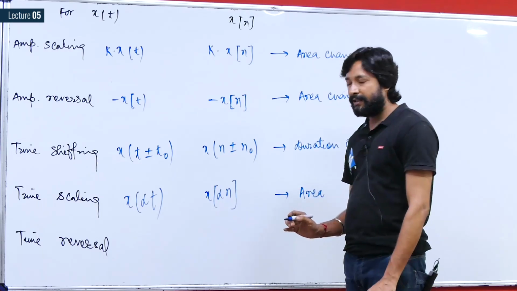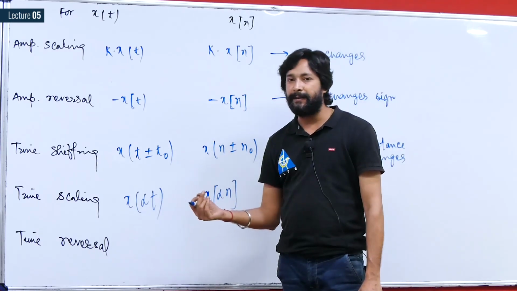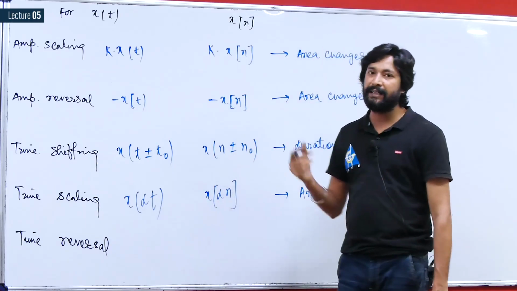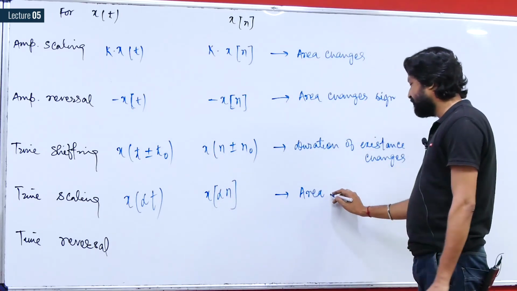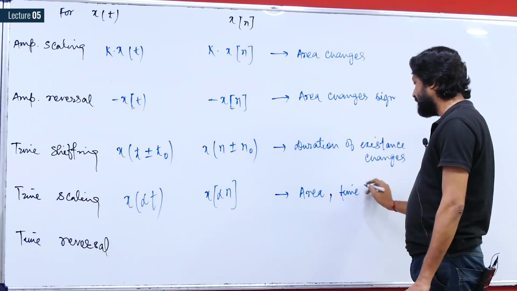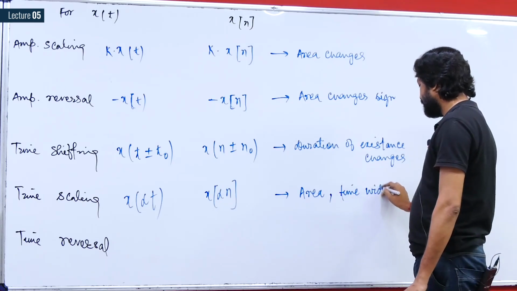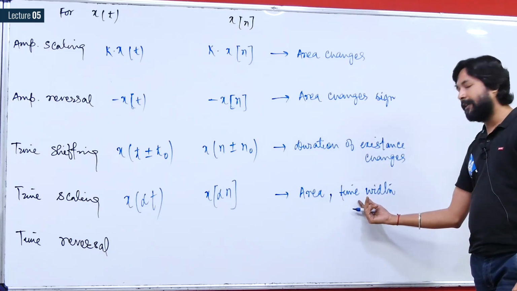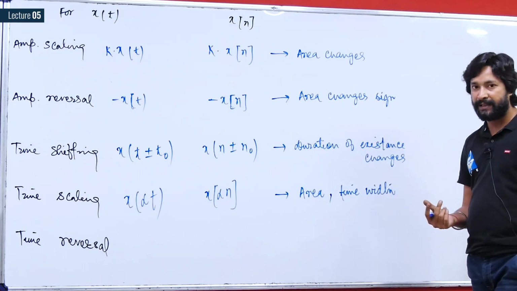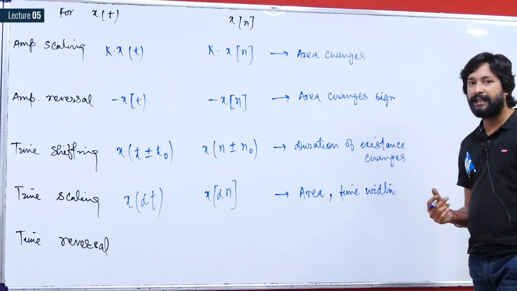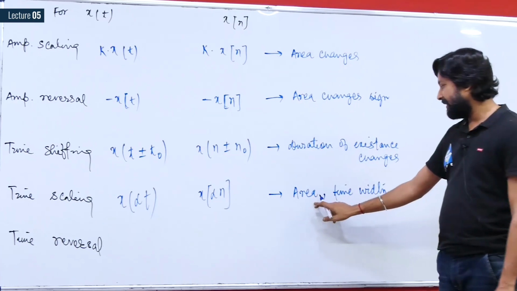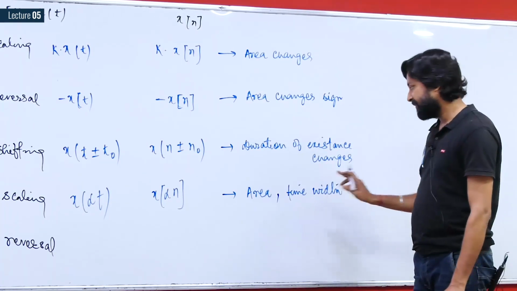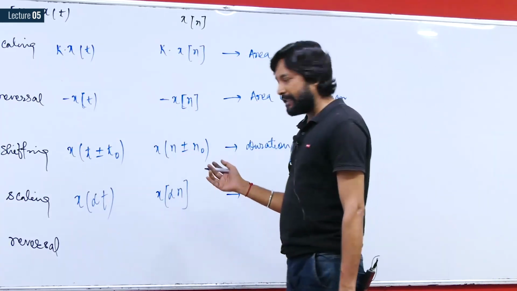Area changes due to what? Because the total time width is changing, and that's why the area gets changed. In case of a discrete time signal, this time width is identical to the number of samples. So in case of time scaling, what will be changing is the area and the time width, and all other parameters remain the same.